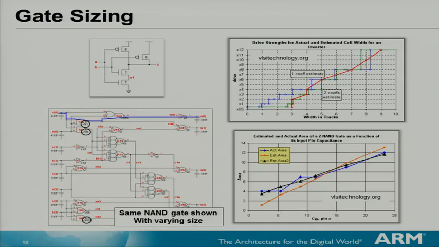This is an X1 strength, this is X6, and here it's an X5, so basically 5 times the drive strength. You need to optimize your library for different drive strengths. As you increase the drive strength, the width in horizontal metal pitch tracks starts increasing and your area increases. You need to optimize the capacitance as well, because as you increase the drive strength, you're adding more FETs, so you have more input capacitance.